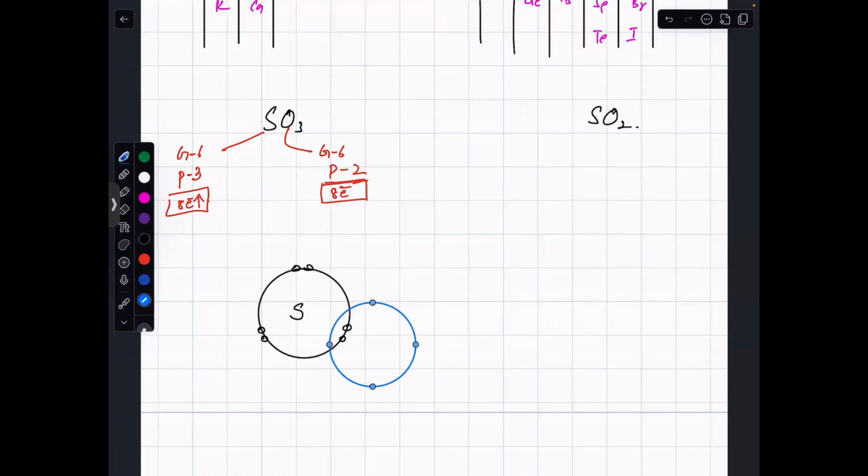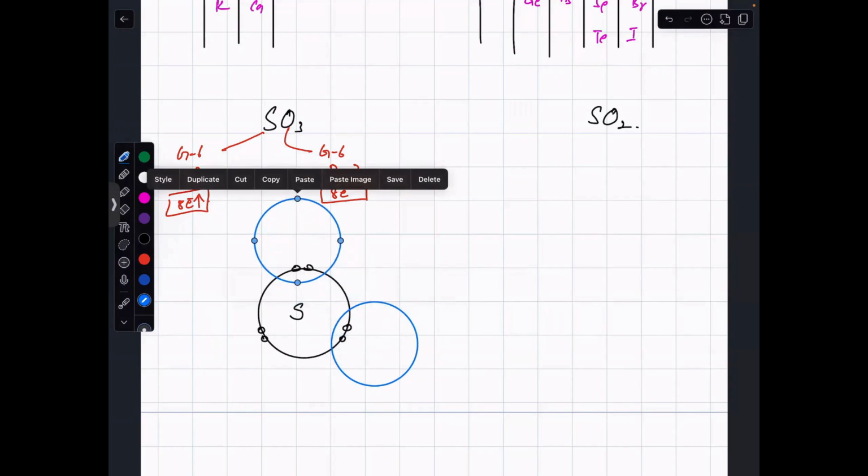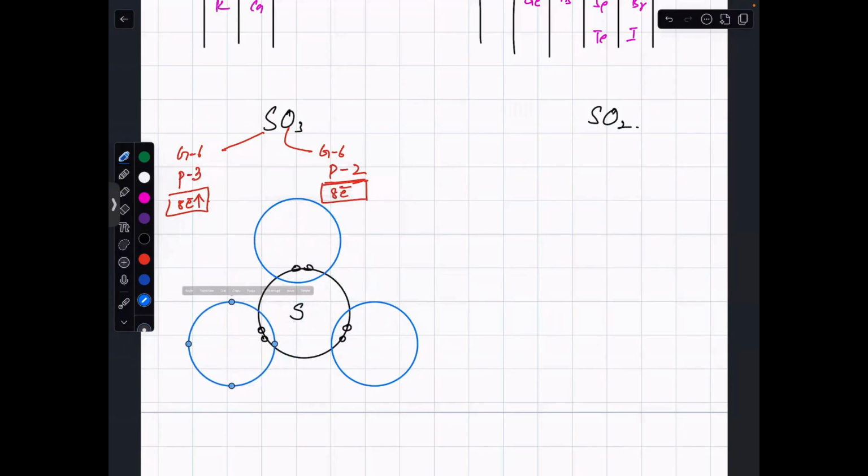And there is this one oxygen. The oxygen needs how many electrons? Because it is group 6, it needs 2 electrons. It will share 2 electrons with the sulfur.